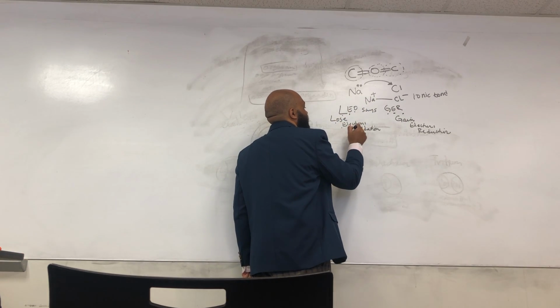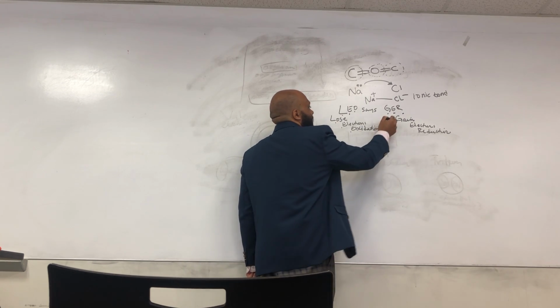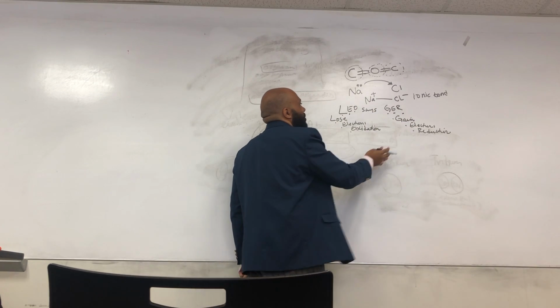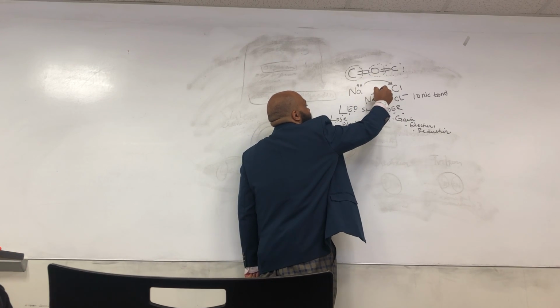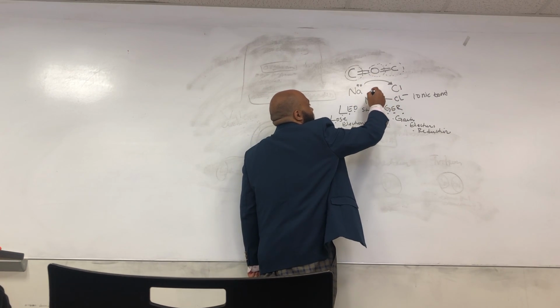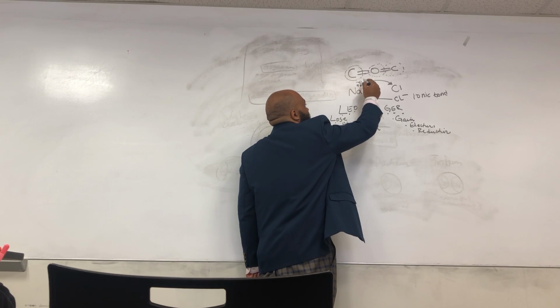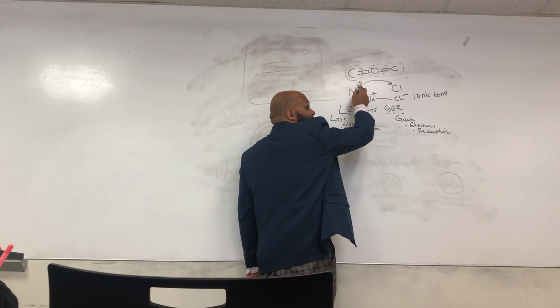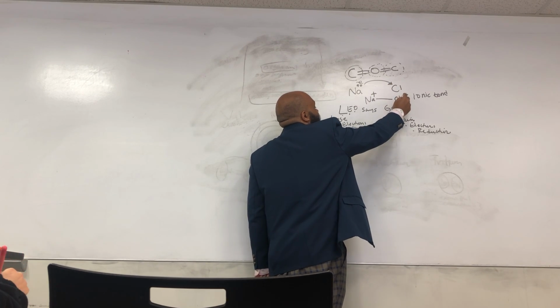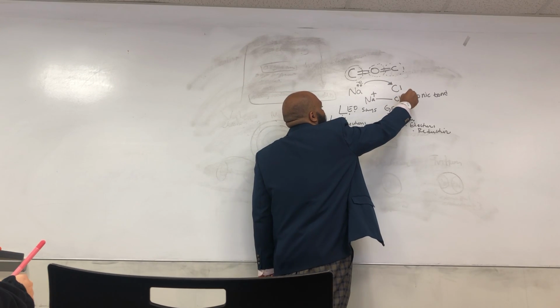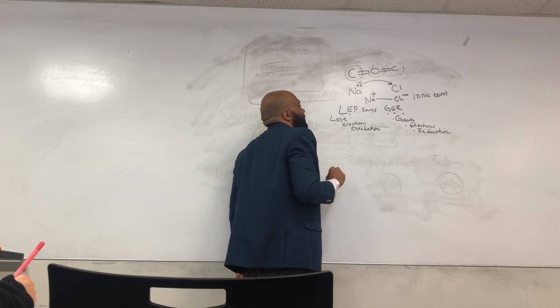Lose electrons, oxidation. So if you lose the electrons, you're oxidized. If you gain the electrons, you are reduced. So here sodium lost the electron, it became positive. Remember, the electrons are negatively charged. So sodium lost the negatively charged electrons, and the electrons went to chloride.